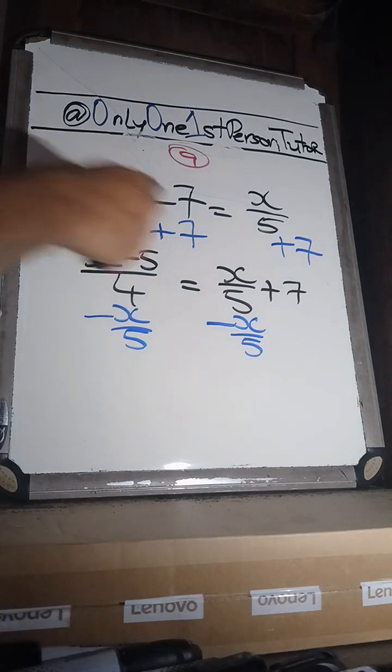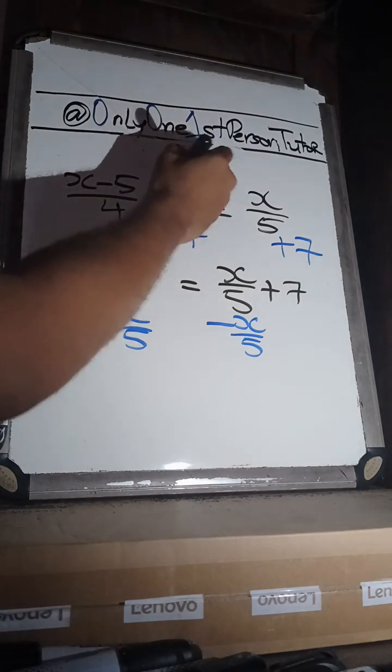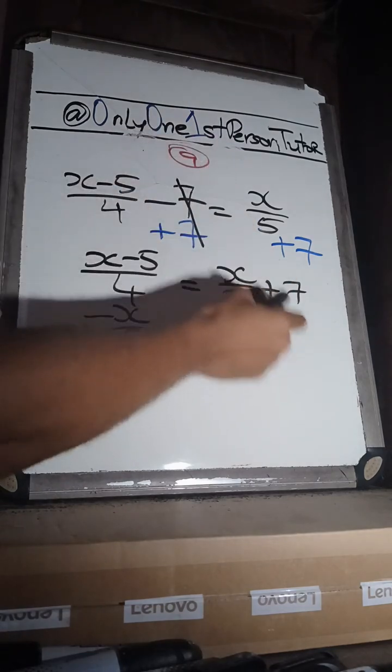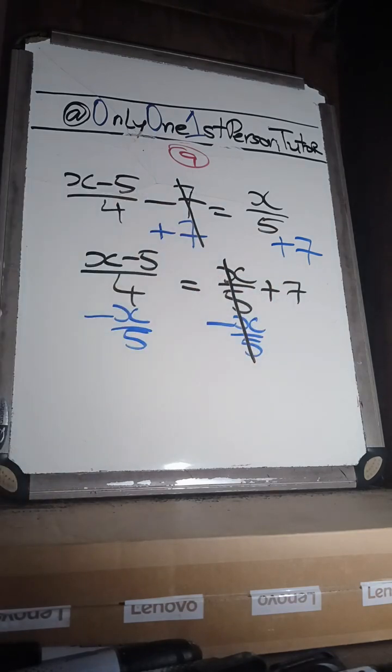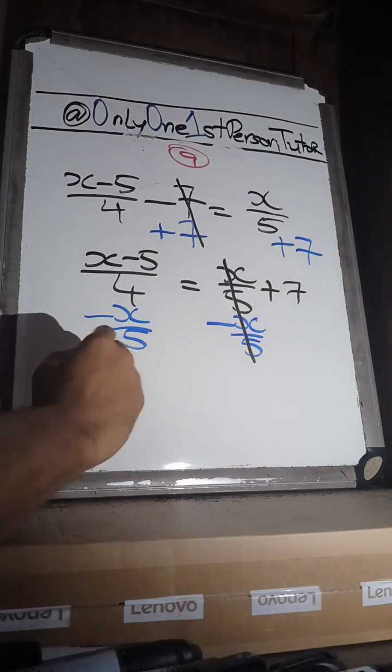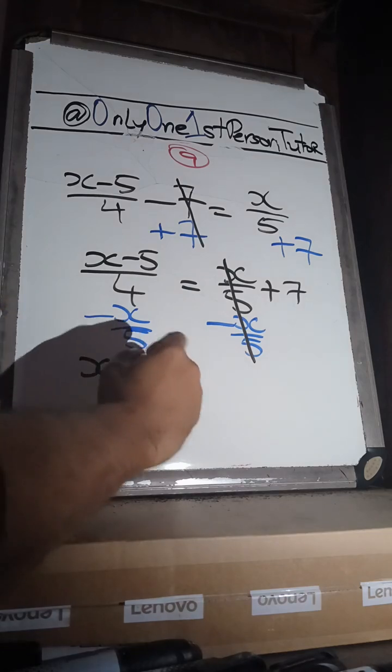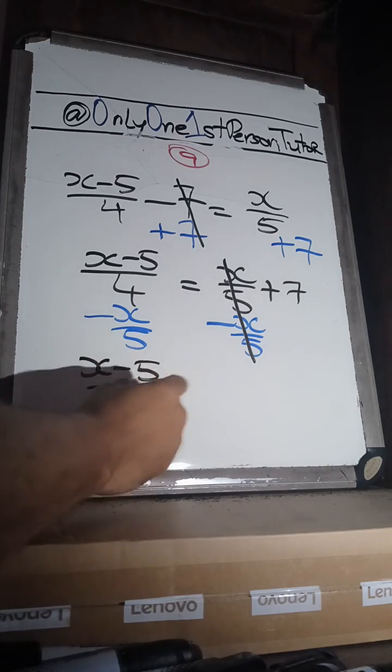So 7 minus 7, that's a 0. x over 5 minus x over 5, that's a 0. So what we have is this.